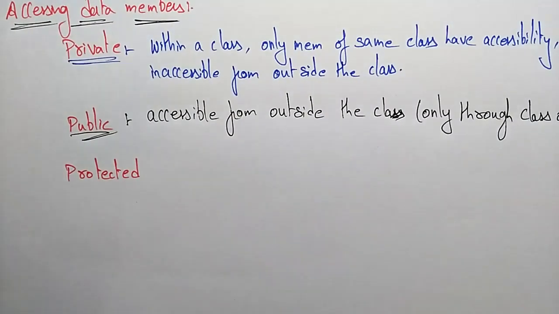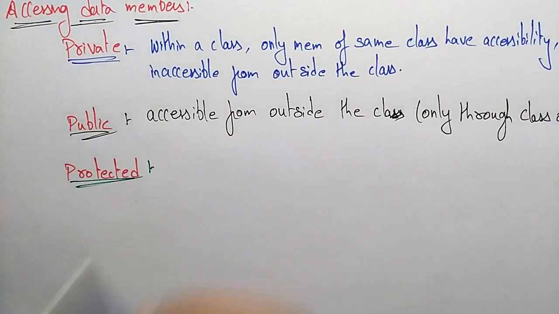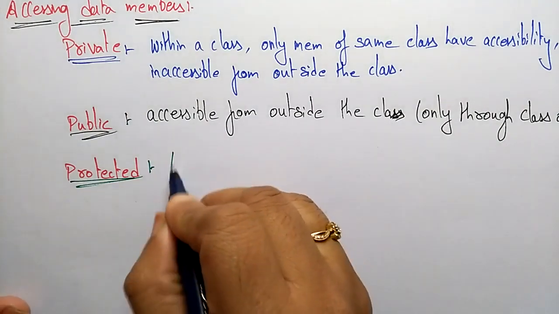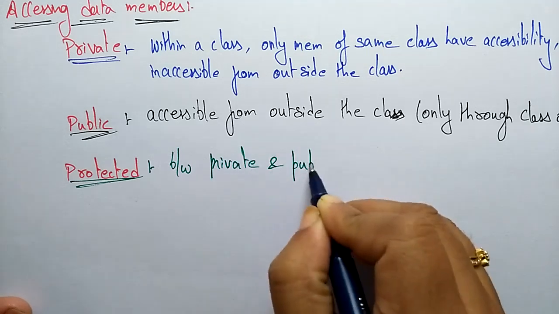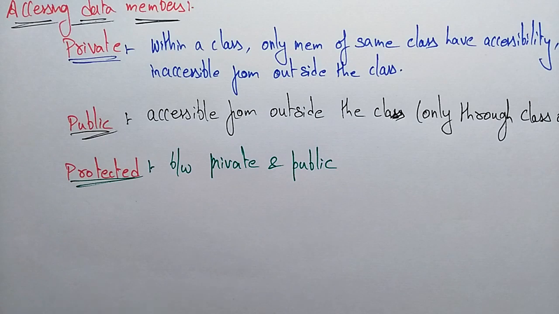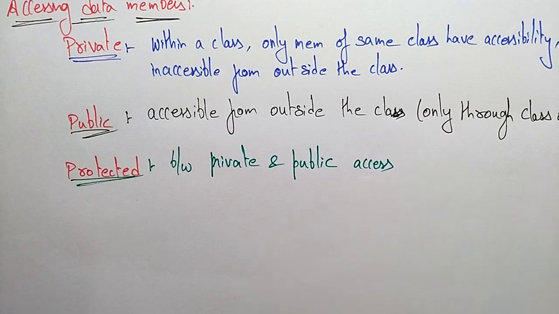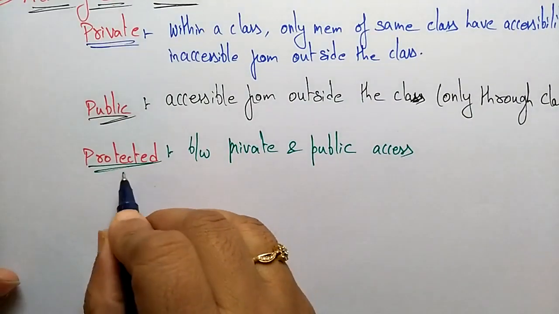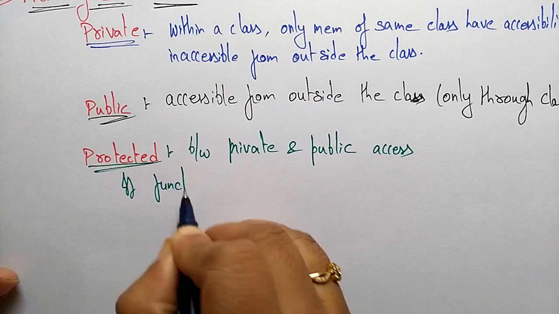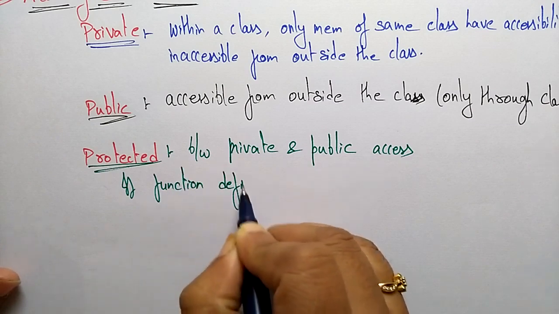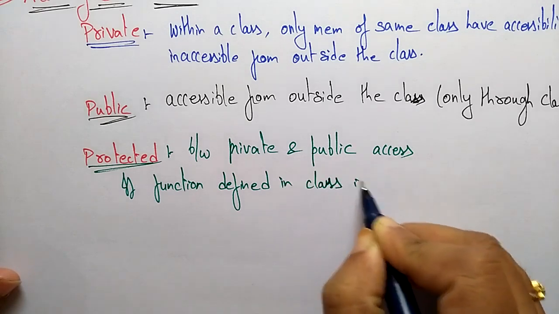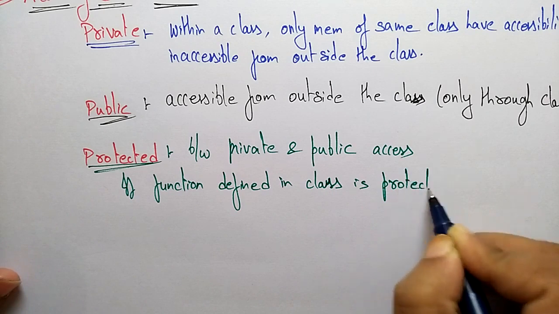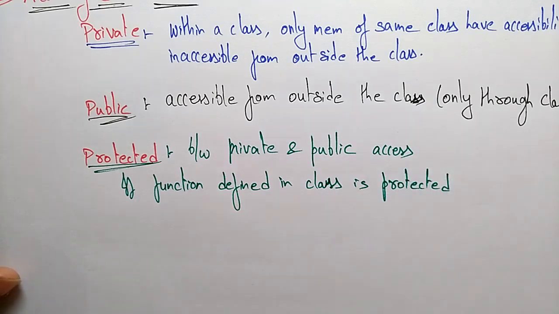Now coming to protected. What is protected? Protected lies between private and public. It maintains the data as private as well as providing public access. How is that possible? Let us see. Suppose a function defined in a class is declared as protected.